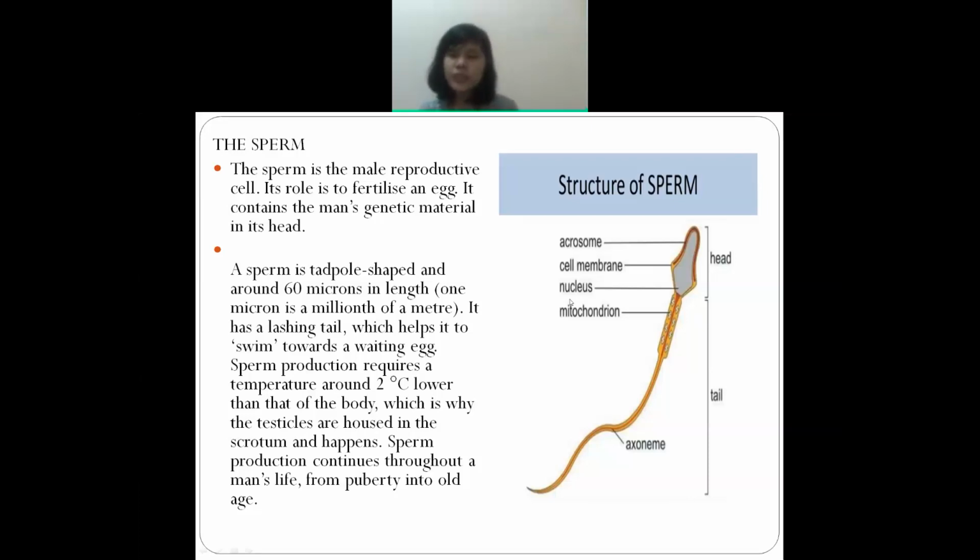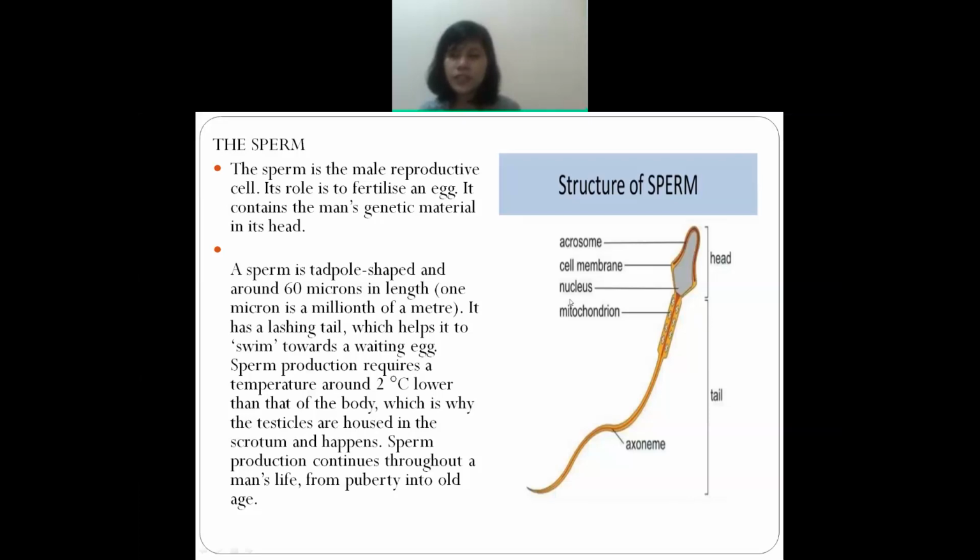And this sperm, what is the production? The production of the sperm requires a temperature lower than that of our body, at least 2 degrees Celsius lower. That is why they are stored in the testicles, which are covered by the scrotum.